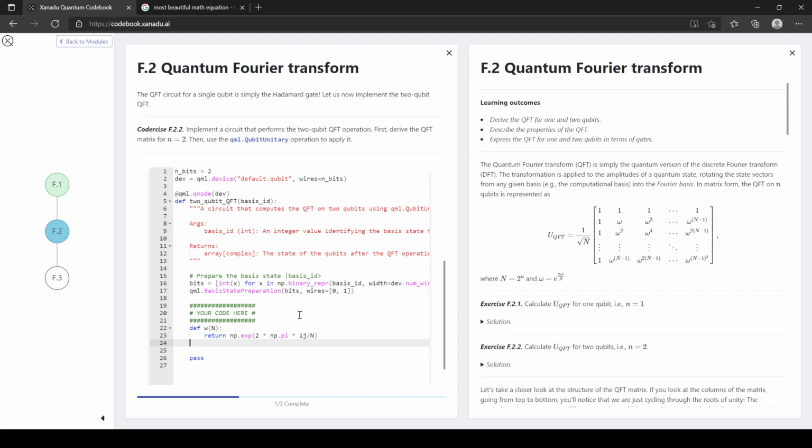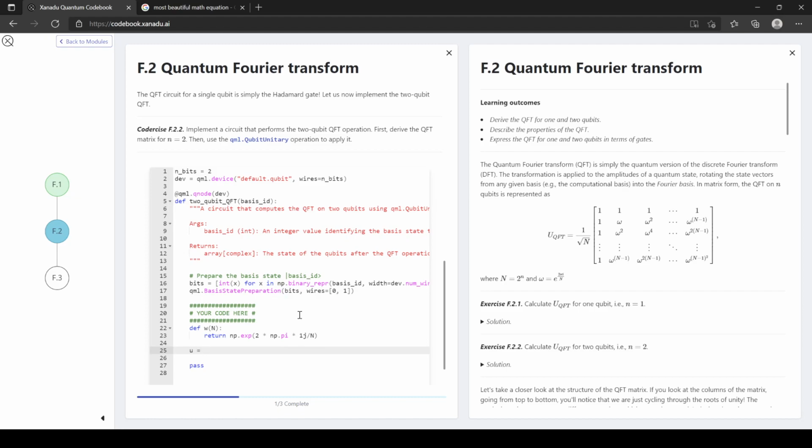Yeah. So we'll have the 4x4 matrix. So we'll do for i in range 4. I'm just thinking if this is the easiest way to do it. Probably not. Yeah, I'll just do it this way.